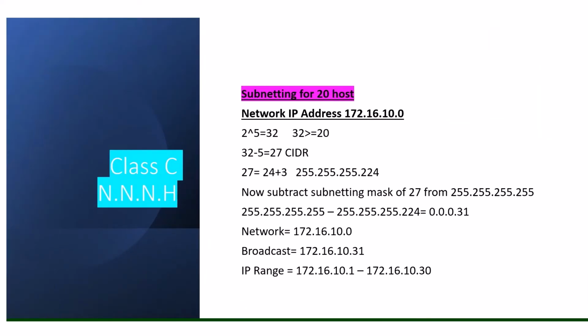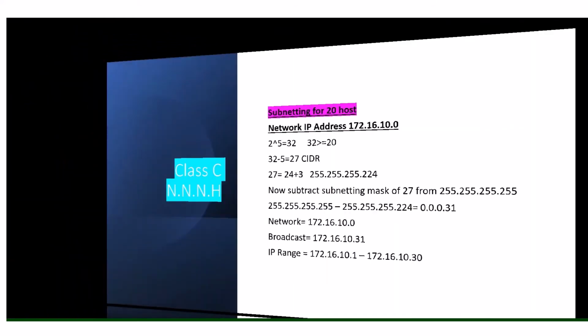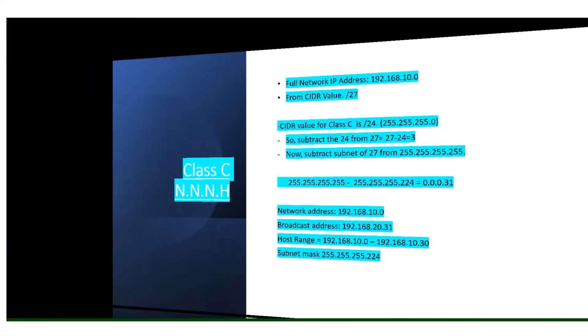Now we'll see how to find the subnet mask for 20 hosts. We are given a network IP address, 172.16.10.0, and we haven't been given any CIDR value, but we can see the host count. We can find from the table which rank satisfies the 20.